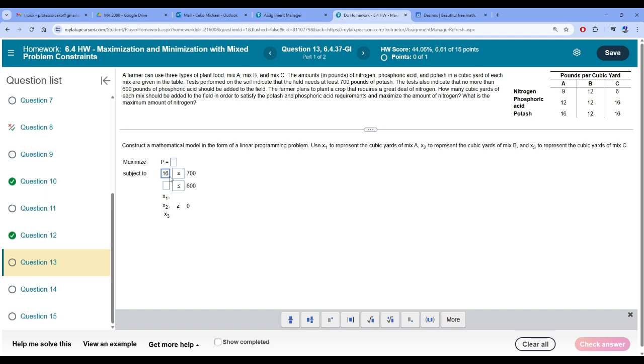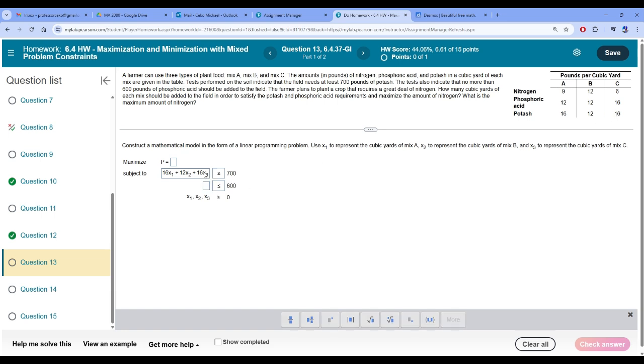16x subscript 1 plus 12x subscript 2 plus 16x subscript 3, and then phosphoric acid is going to be 12, 12, and 16.